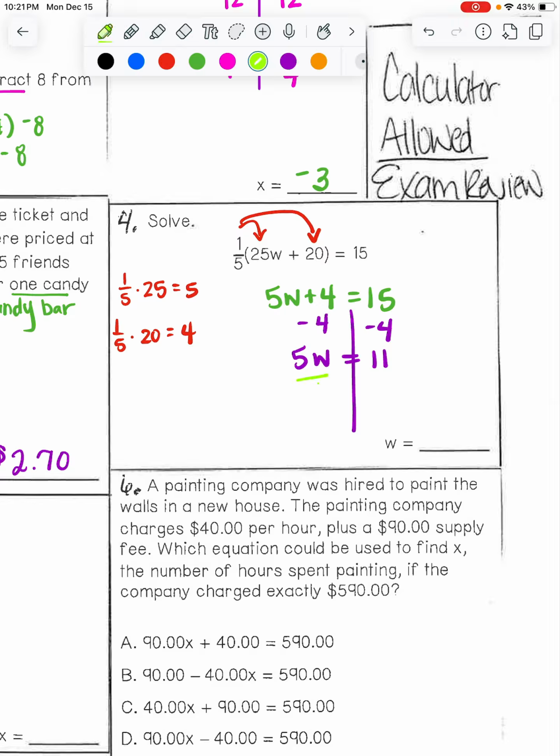When I divide by 5 here, I'm going to get a fractional answer. I get W equals 11/5. Again, I'm going to go ahead and write that as a mixed number. 5 will go into 11 2 times with 1 left over, 2 and 1/5. That's number 4. Number 5, same thing, but no distributive property.